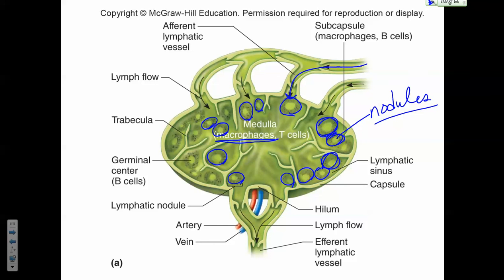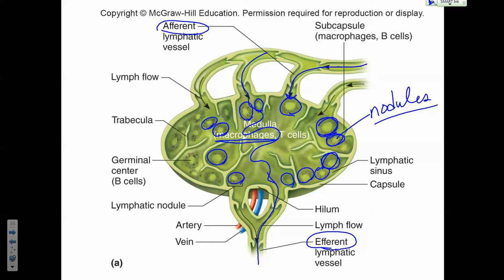It comes in by way of afferent. Afferent means towards. Afferent lymph vessels. And then it flows through here. And then macrophages and lymphocytes can act on any foreign things that might be in that lymph. And so then it comes out of the lymph node by way of the efferent lymph vessels. And now it's cleaned up a little bit.